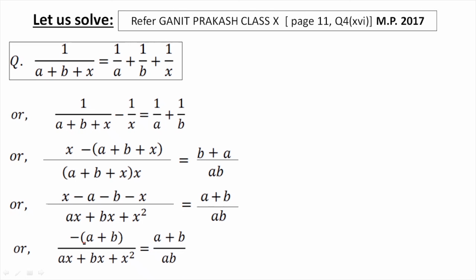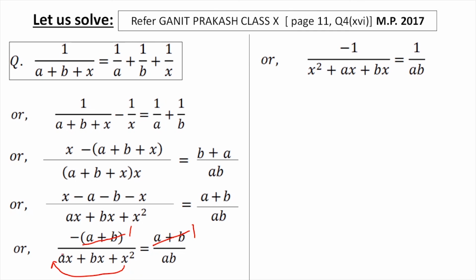Now I see a plus b on both sides, so I'll cancel them, and I'll write x square in the beginning. So what I'll get is minus 1 here and 1 here, and it is x square plus ax plus bx and ab.